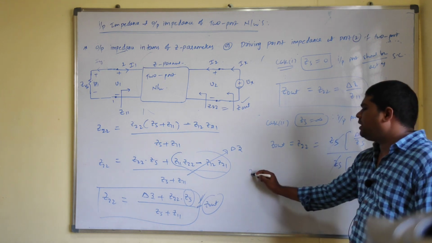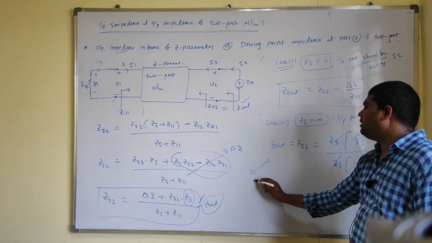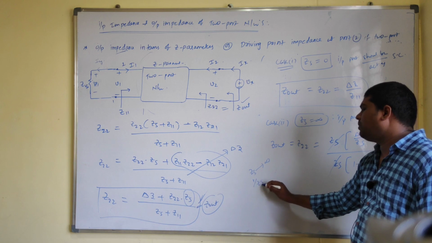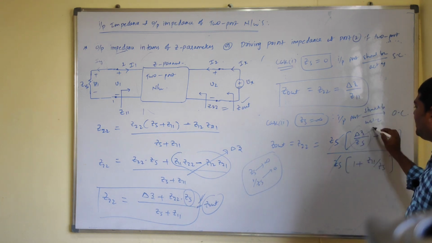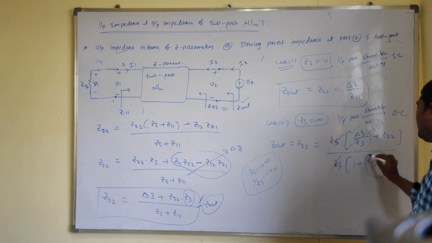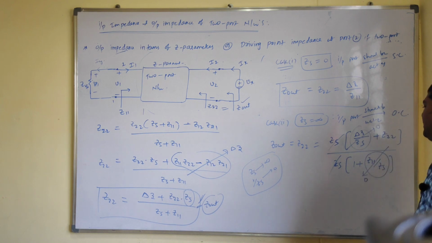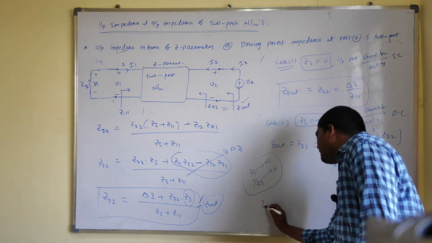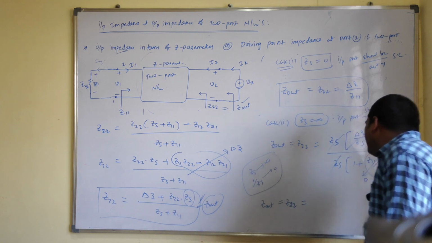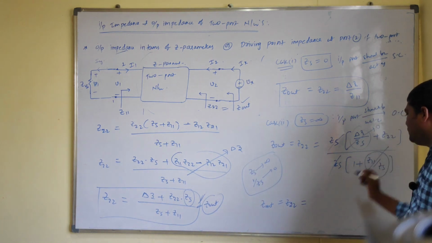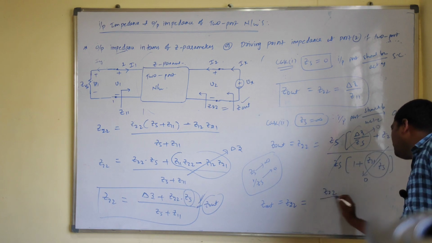Here Zs tends to infinite. So 1 by Zs equals how much? 0. Here we have 1 by Zs, this entire term equals 0. Here also we have 1 by Zs, this should be equal to 0. Now what you will get? So Zout equals what you are left with, Z22 by 1.